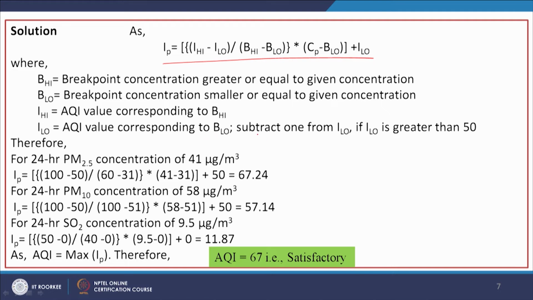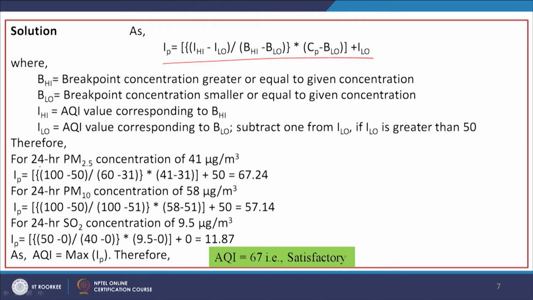For the calculation of ILO we subtract 1 from the ILO value if it is greater than 50. This is already discussed in our previous class, the same process will apply.